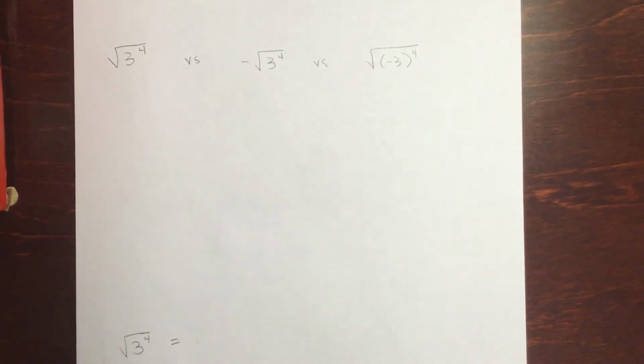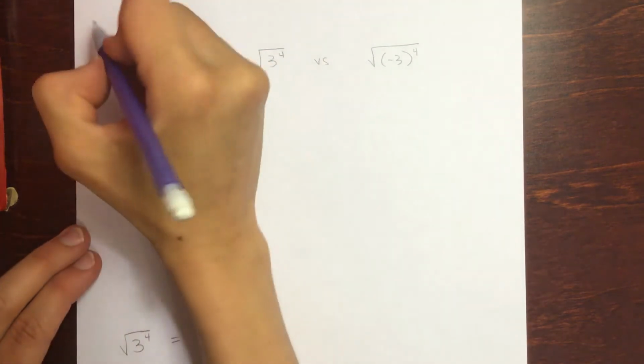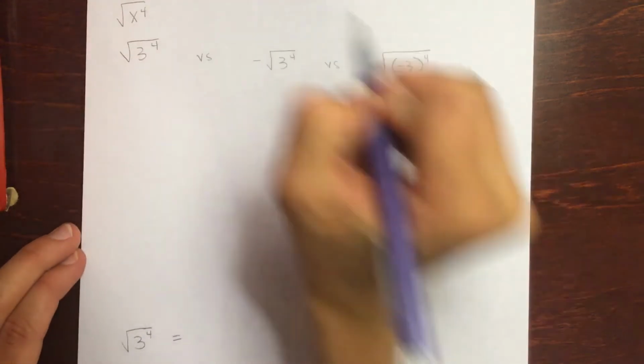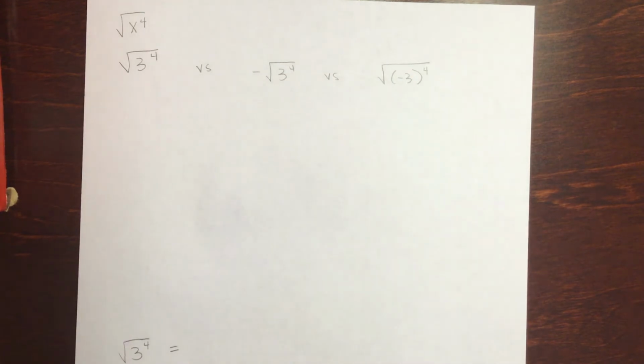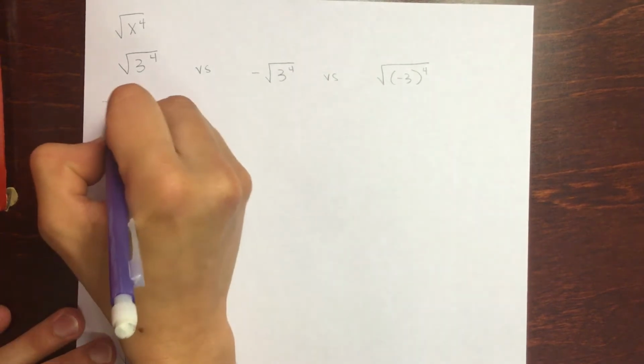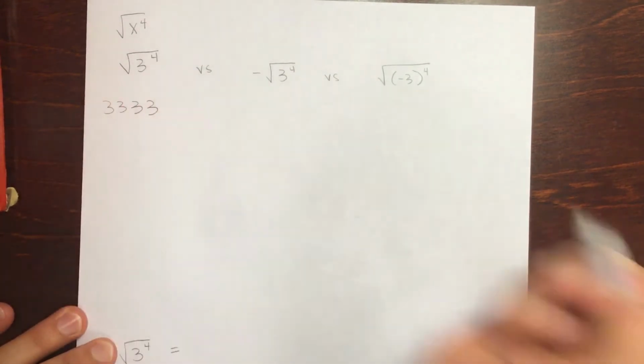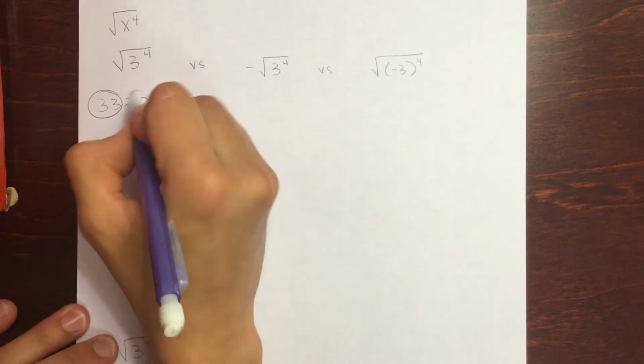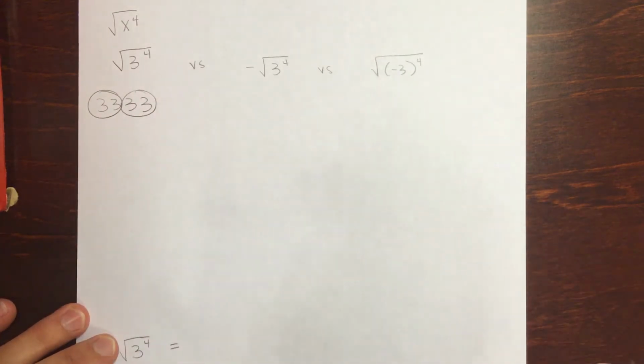You can either treat this 3 to the 4th power like we did if we had an x to the 4th power, where we wrote out all of our 3's and pair them up and pull out any pairs to the front. So if you do it that way, I have 4 3's, I have a pair of 3's, a pair of 3's, and no 3's stay underneath.